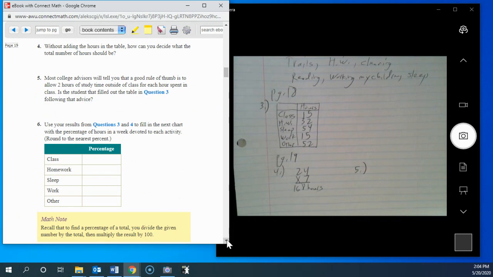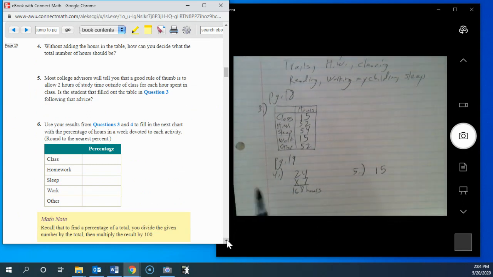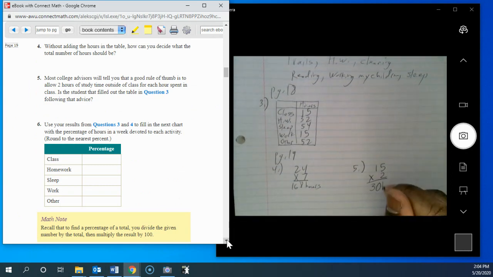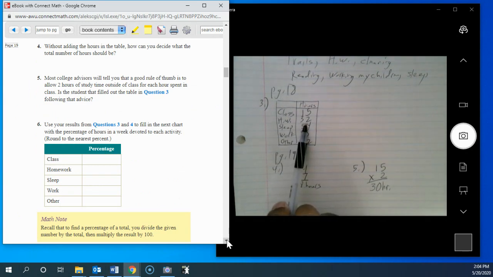Okay, now, if you look here, the class time is 15 hours. We're told that it's good to spend 2 hours per hour in class. So we'll multiply that by 2. So that student is supposed to do 30 hours, according to the advisor. But if you look here at the table, they're doing 32 hours. So basically, they're doing very well.